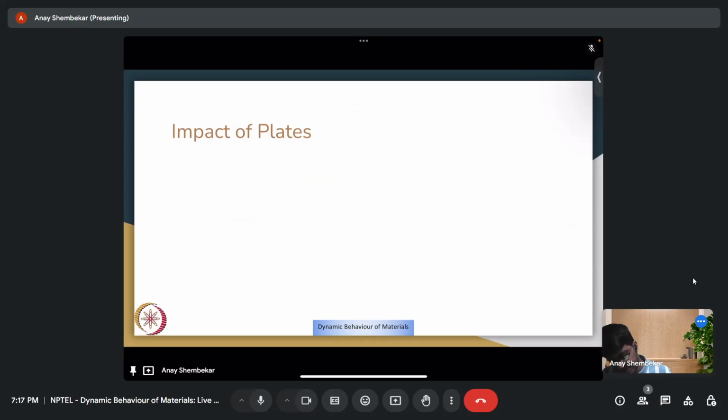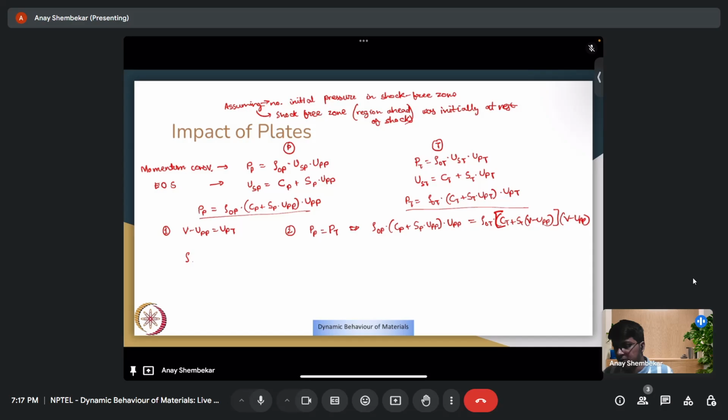If I simplify this, I have rho naught projectile CP UPP plus rho naught projectile SP UPP square equal to rho naught T CT V minus rho naught T CT UPP plus rho naught T ST into V minus UPP whole square, which would be V square minus 2V UPP plus UPP square.